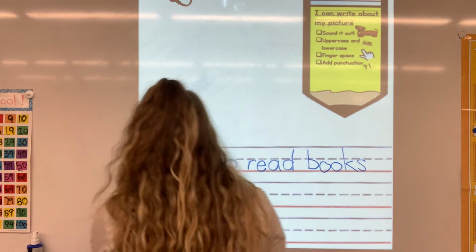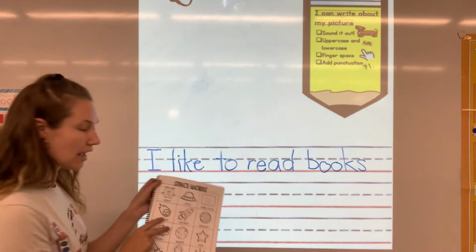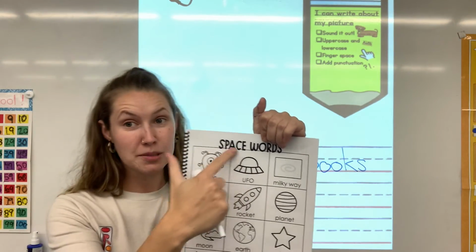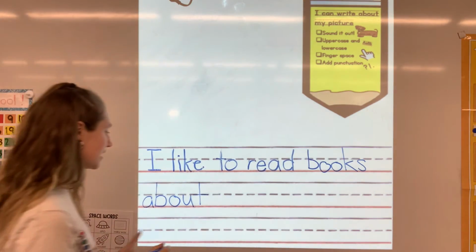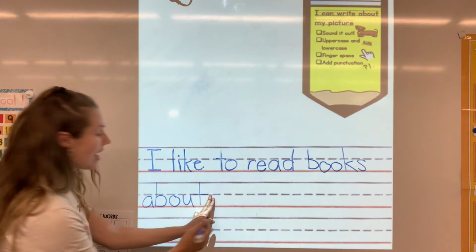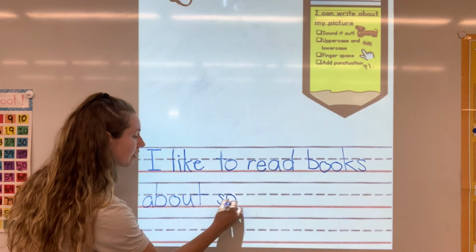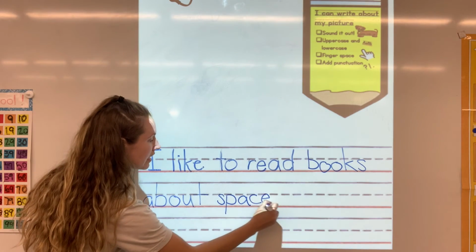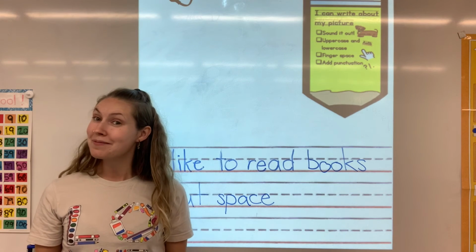And then maybe I can draw some of these things for my picture. So here at the top is the word space, like outer space. So I'm gonna use that to help me spell space. S-P-A-C-E. Now there's the end of my sentence, so what do I need to remember?